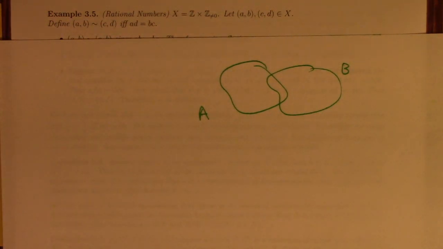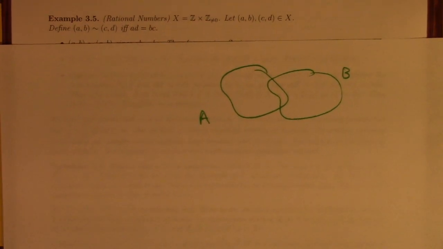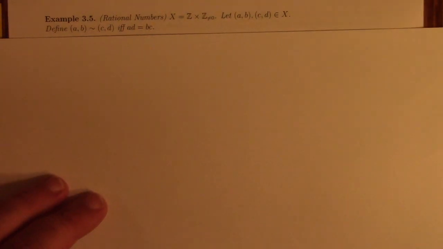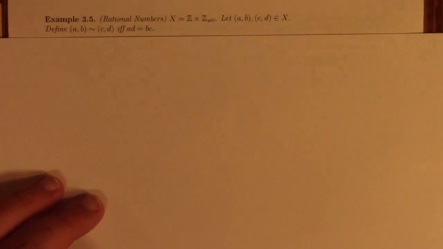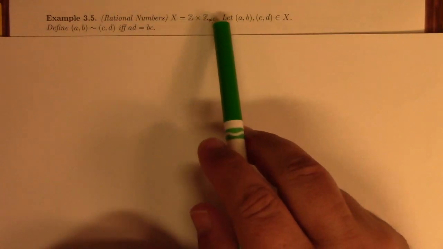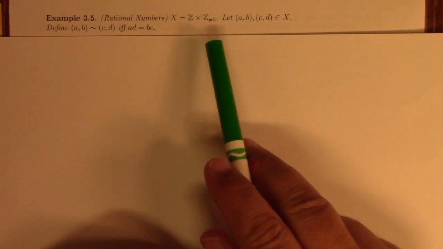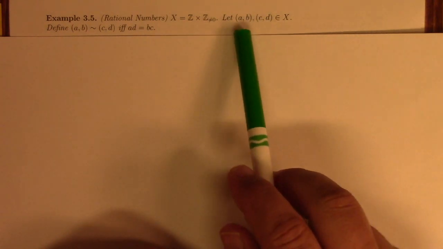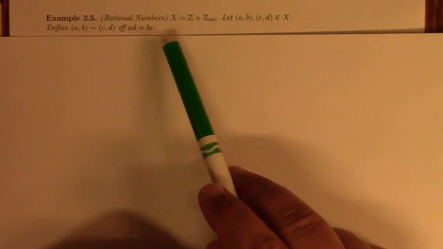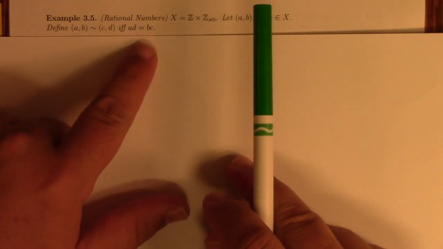I'm much more fond of the next example, rational numbers. Let me get a new sheet of paper over here. So rational numbers. What do I mean by that? If our set is the integers cross the non-zero integers, then we can say (A, B) and (C, D) in this set are related if and only if AD is equal to BC.